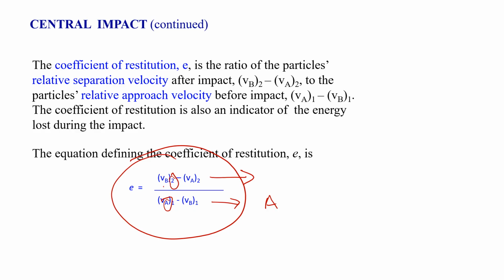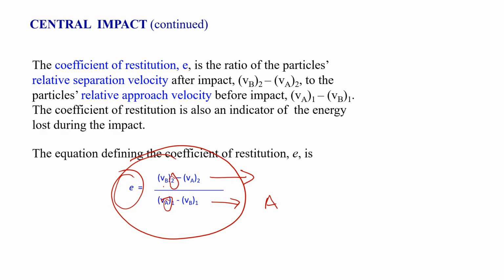So you will have two equations, and usually we are interested in finding the velocity after the impact, which we can find by solving these two equations. In some problems, maybe the final velocity is given, and then you have to find the coefficient of restitution, so it can be given the other way.